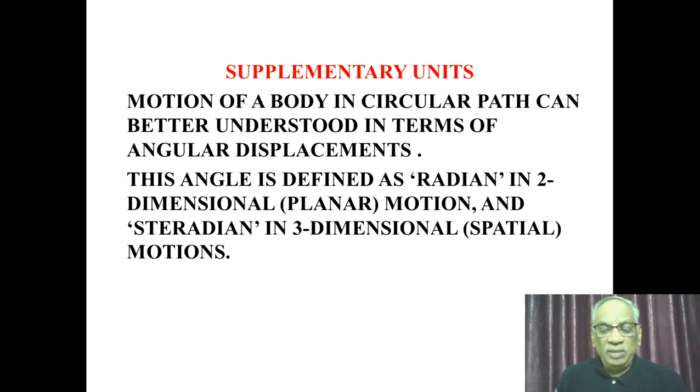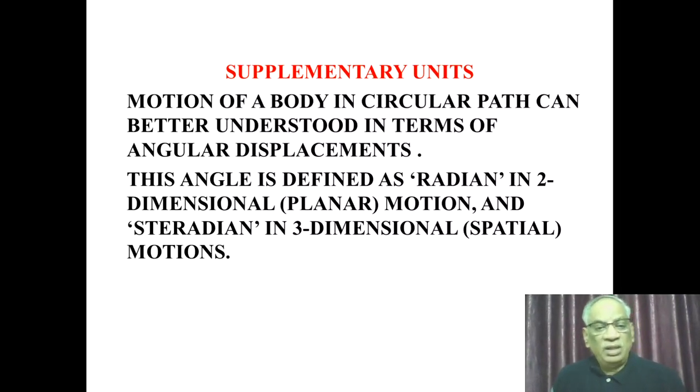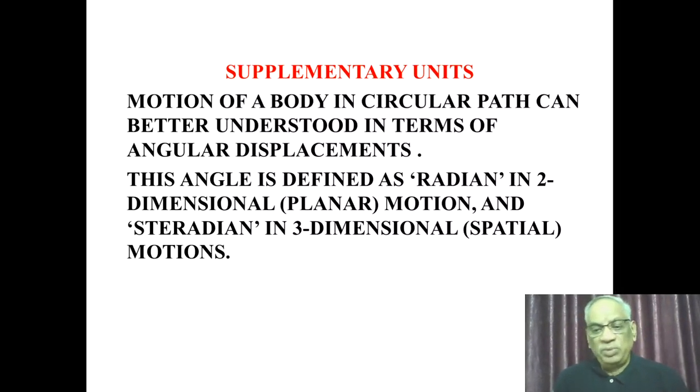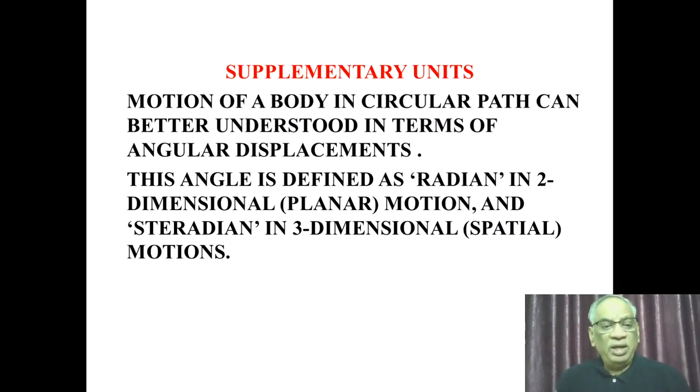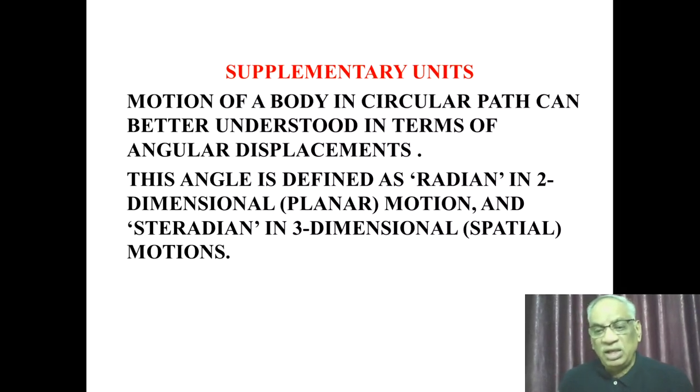When a body is moving in a circle, in a plane or in space, the displacement of the body is explained in terms of angular displacement, that is, in a given time how much angular motion the body has in the circular path. In two-dimensional planar motion, this angle is called radian, and in the case of three-dimensional spatial motion, it is steradian, which you can see in these two pictures.